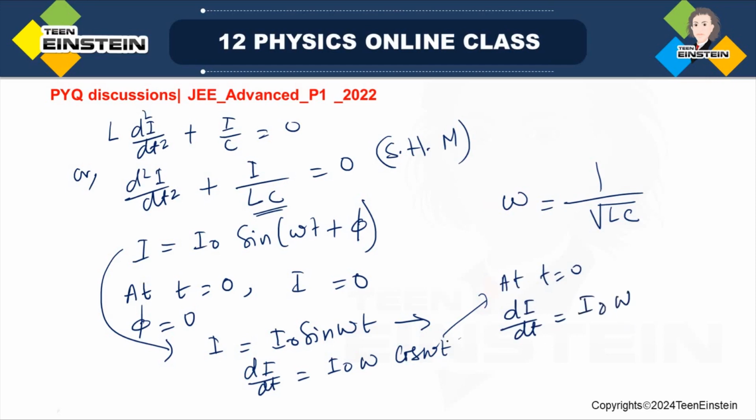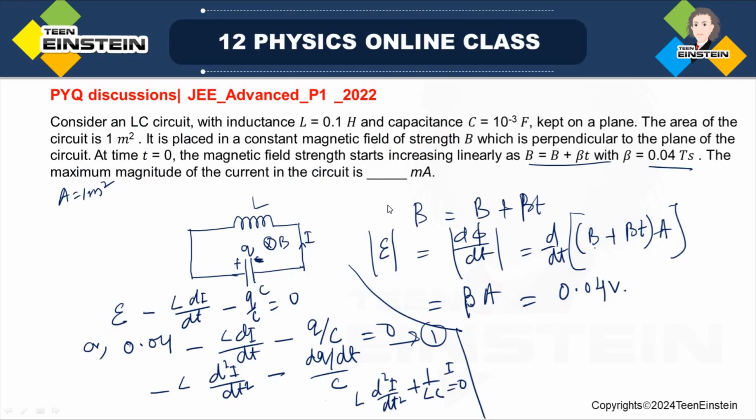Okay, cos t is equal to 0, so cos 0 will be 1. So now look, we had got initially this equation, we have got di dt, we have got I as well.